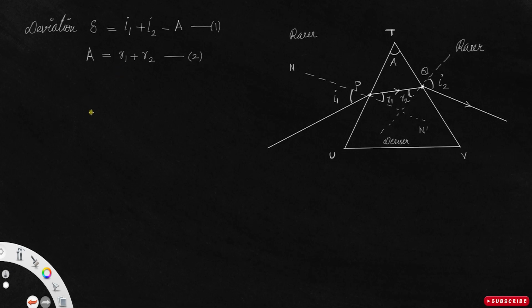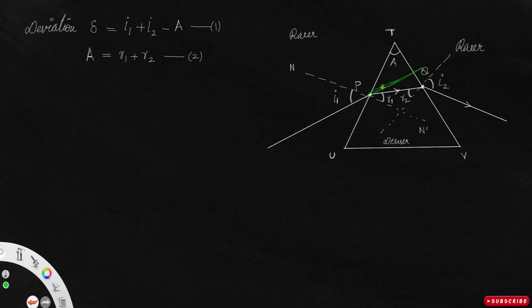Okay. Now, what we need to find is, here I1 must be equal to I2 at minimum deviation. That's what we have to prove in this derivation. It's actually a lengthy derivation. So listen to every point, every section very carefully. Okay. Before that, deviation actually means this is the path of the incident ray.